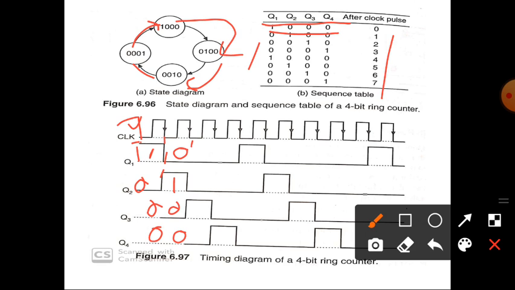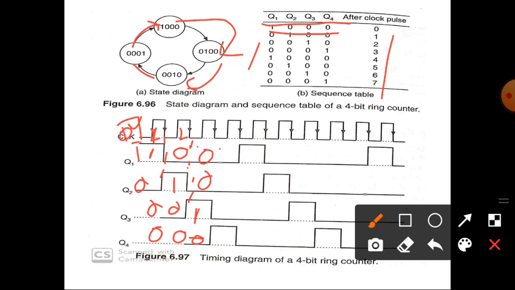During the third clock pulse, Q3 becomes 1, Q1 and Q2 remain 0, and Q4 is 0.